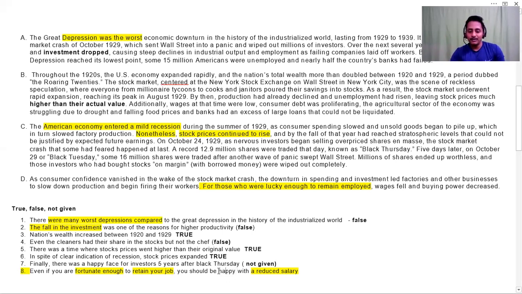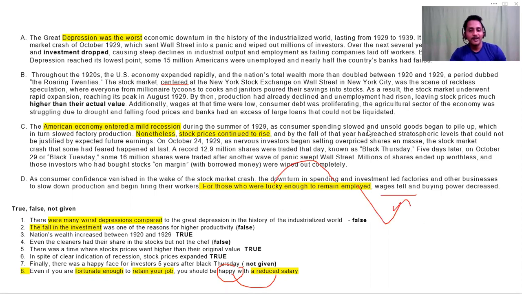It's not that you should be smiling. You should be happy enough that you did not contract COVID-19, something of that sort. You should be happy with it means wages fell. Lucky enough to remain employed. You should be okay with lower salary.